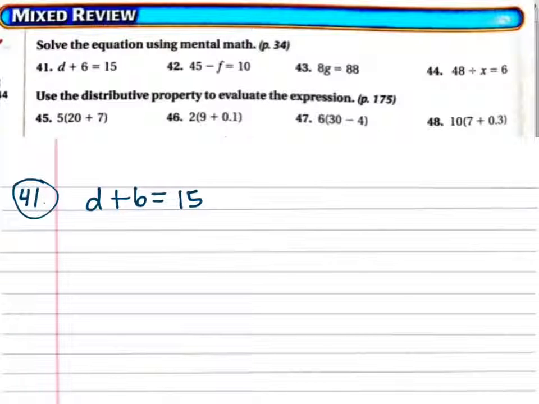Quiet, please. Can somebody tell me what d would equal? 9. So all you have to do on this part is say D equals 9. See how easy that is?